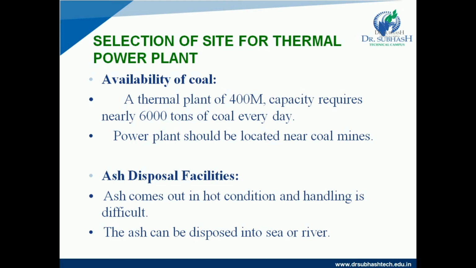A thermal power plant of 400 megawatt capacity requires nearly 6,000 tons of coal every day. So we have to think about the availability of the coal, and one can say that the power plant should be located near the coal mines. Otherwise it is very difficult to manage the fuel, coal, in the thermal power plant.